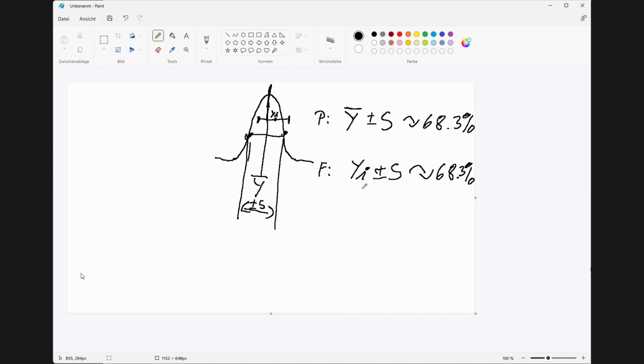But we can also say for the future, in the range of plus minus S around the single value that I measure, is the mean, the true value, with 68.3% of the possibility. One is a look in the past, and only from the past can we calculate all the values, but this is the look for the future.